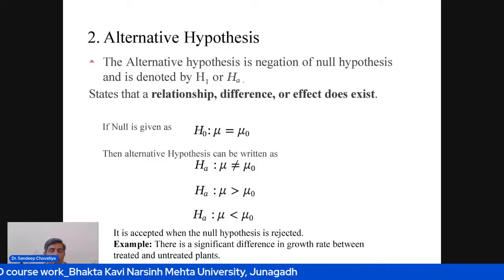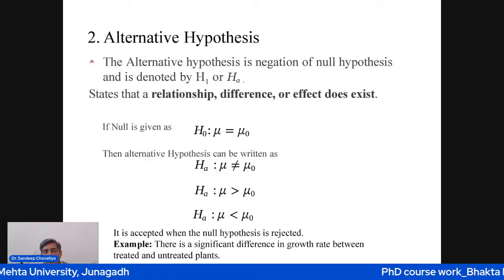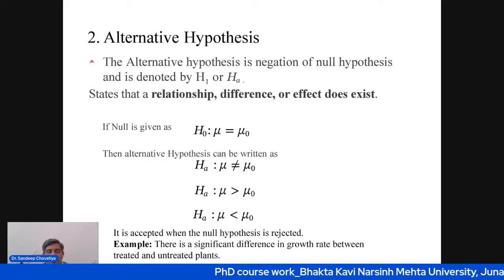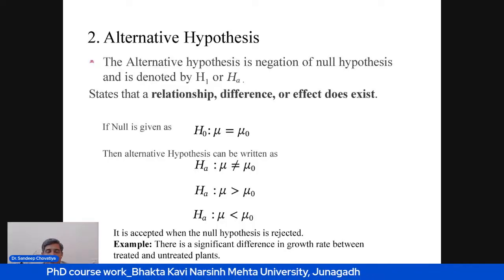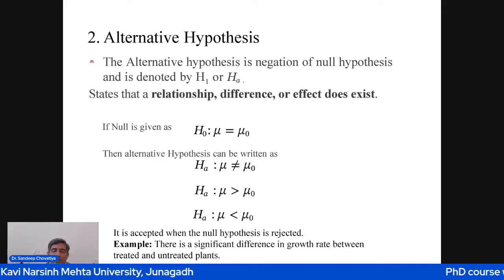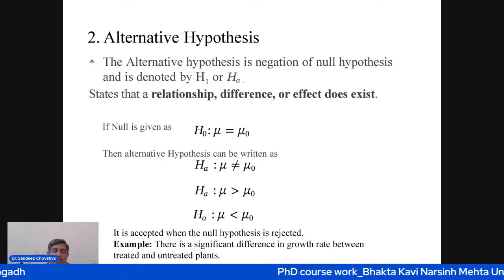Number two, H1: mu greater than mu0. Or number three, H1: mu less than mu0. It is accepted when the null hypothesis is rejected. When we reject the null hypothesis, then we accept our alternative hypothesis.